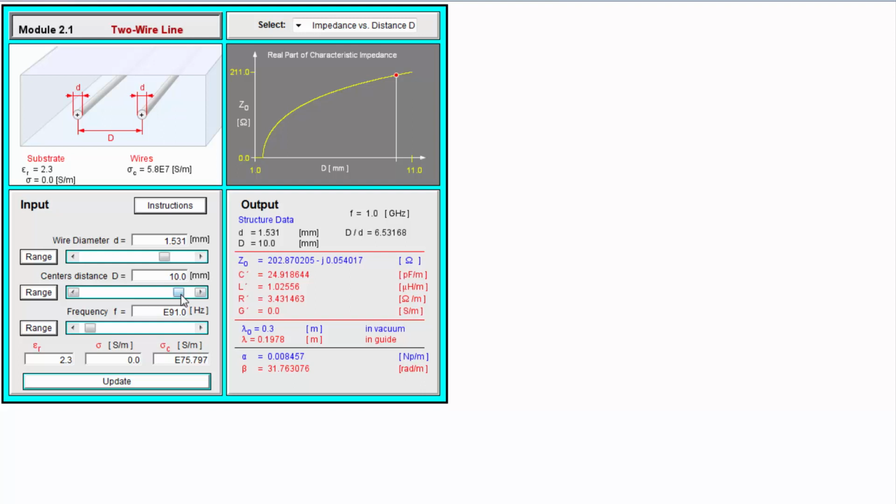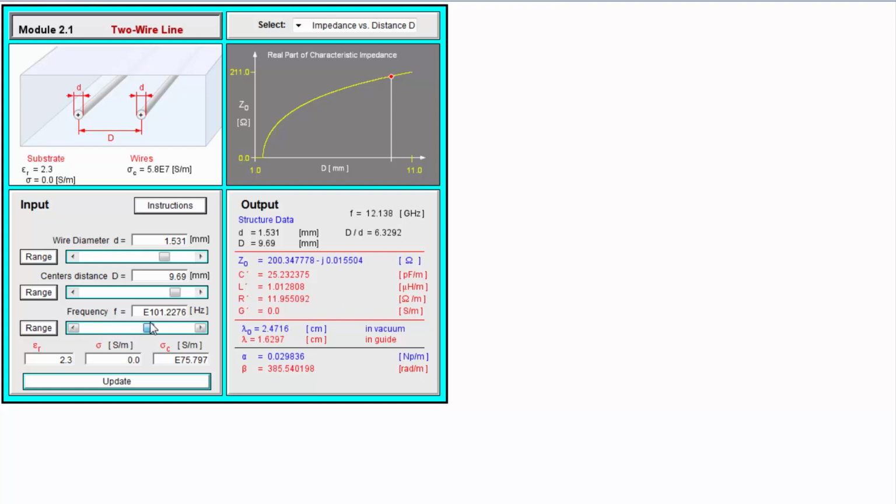Okay, what about the distance between the two conductors? When we decrease this distance, the characteristic impedance will be decreased. Okay, and here if we change the frequency, if we apply a range of frequencies on this transmission line, we see the characteristic impedance keeps constant.